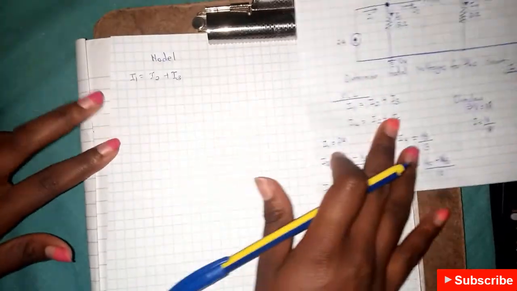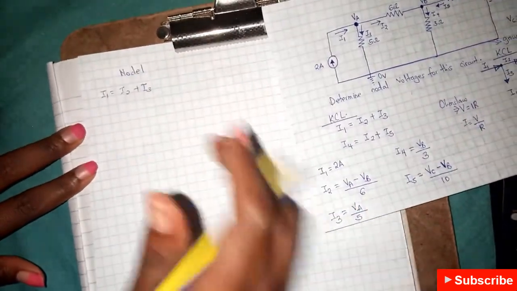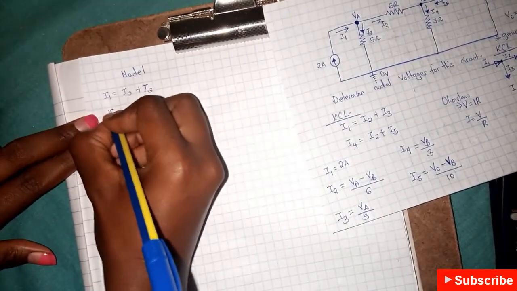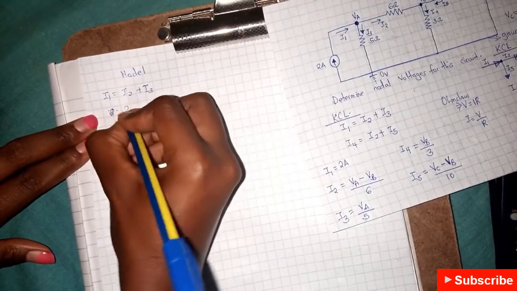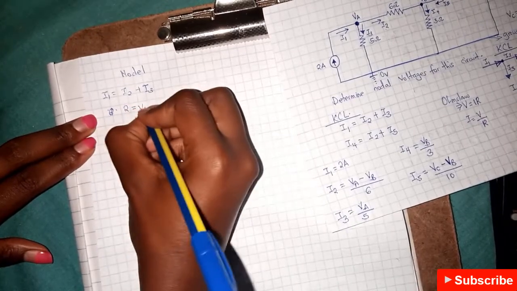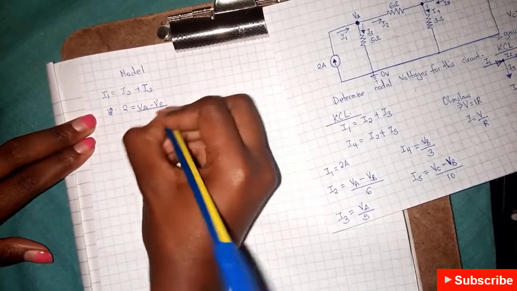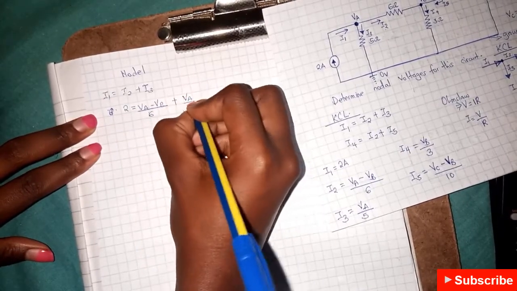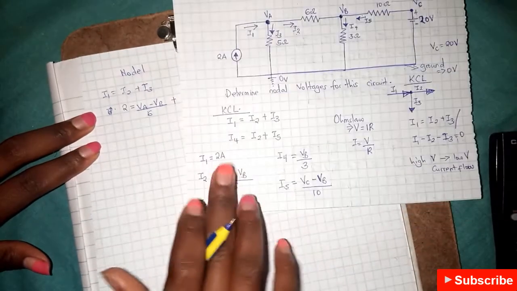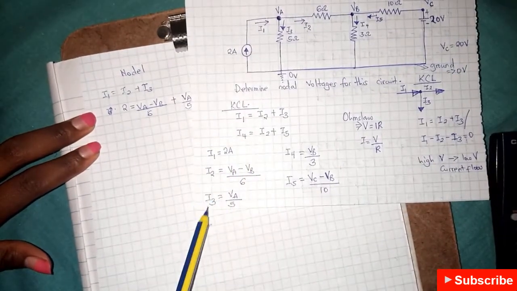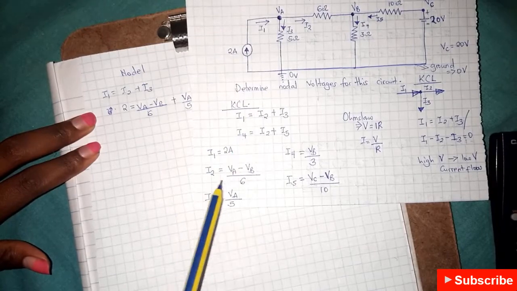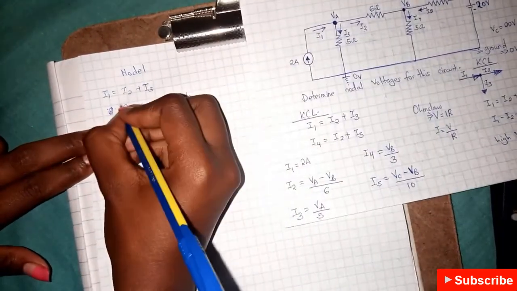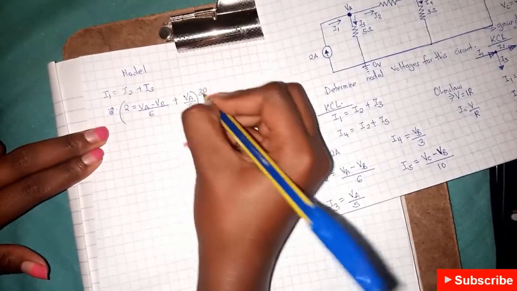Okay, so in node 1, then we'll have 2 is equal to VA minus VB over 6 plus VA over 5, okay? Just according to this, we're just replacing I1, I2, and I3. Then we simplify this equation by multiplying it by 30.